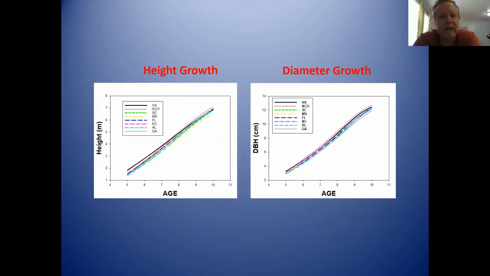Just quickly getting into it, looking at the height growth over time of the 8 different provenances, not a tremendous amount of variation here. It is statistically significant, but Virginia isn't always the leader, though it's usually near the top, but the differences aren't really tremendous. And that's over 10 years from the first measurement at 5 years.